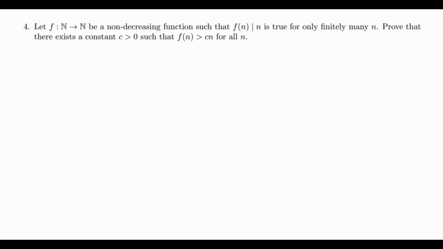So how might we go about solving this? Well, one idea when we have any type of problem, not just a number theory problem, but any type of problem, is to consider the contrapositive.